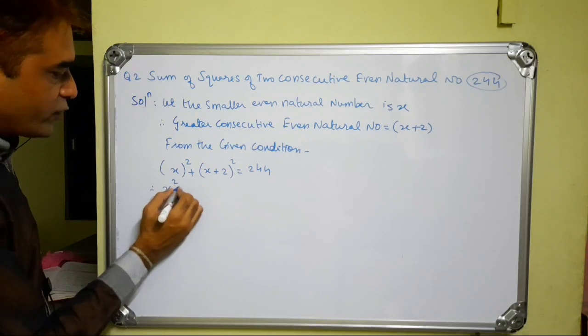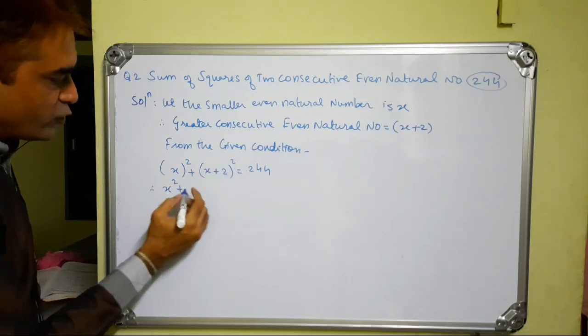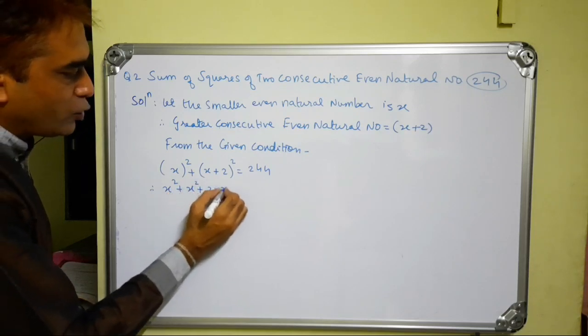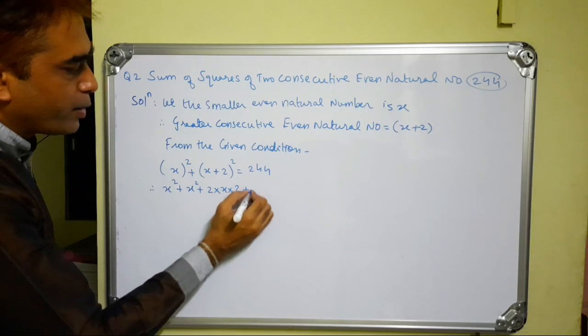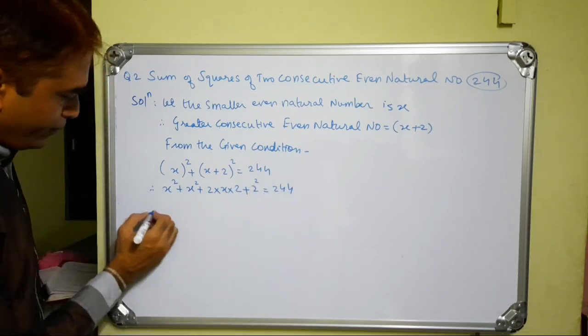So x square plus, here we will apply the formula (a plus b) whole square. So this will be x square plus 2 into x into 2 plus 2 square equals 244.